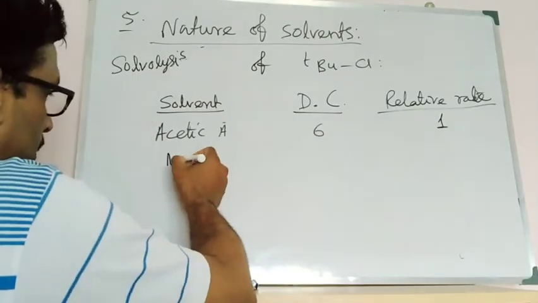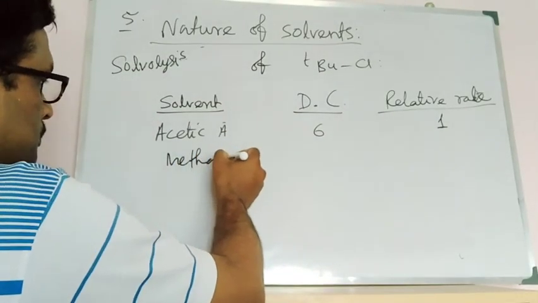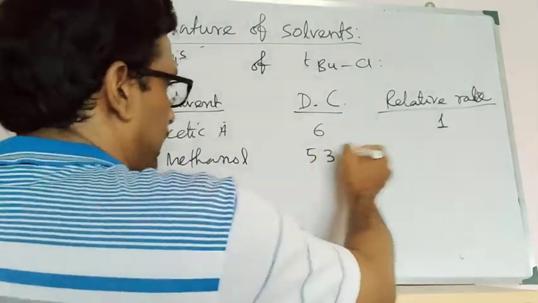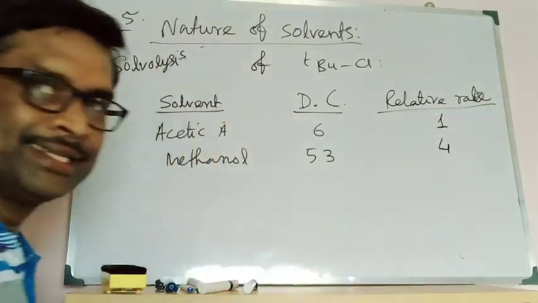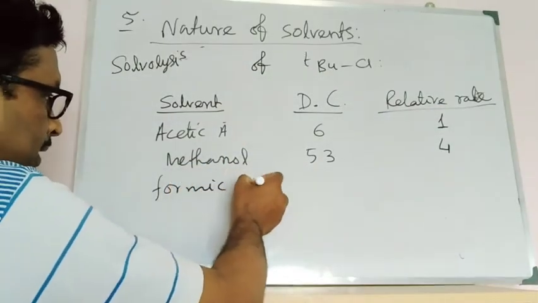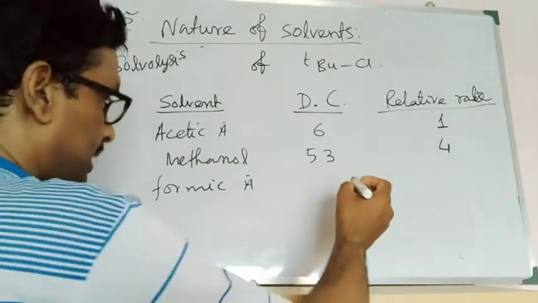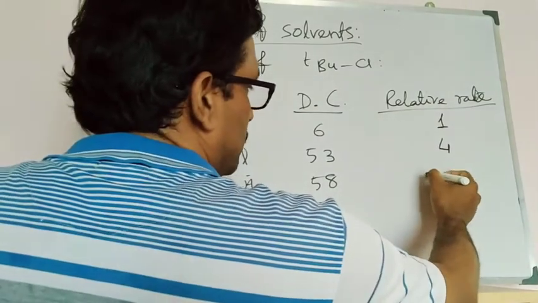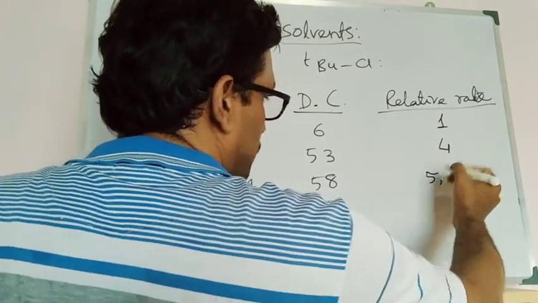Second one is methanol. Its dielectric constant is 53, and its rate slightly increases. Now if this one is formic acid, then its dielectric constant is 58. Now the relative rate increases up to 5000.